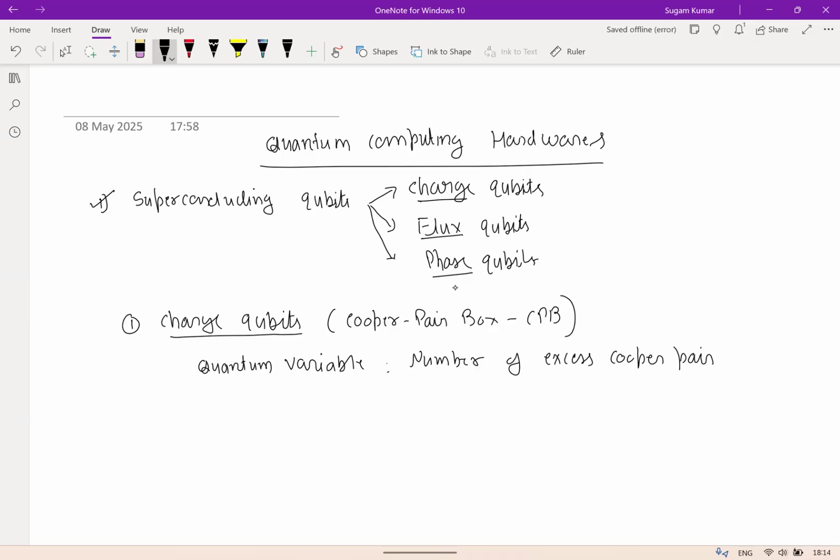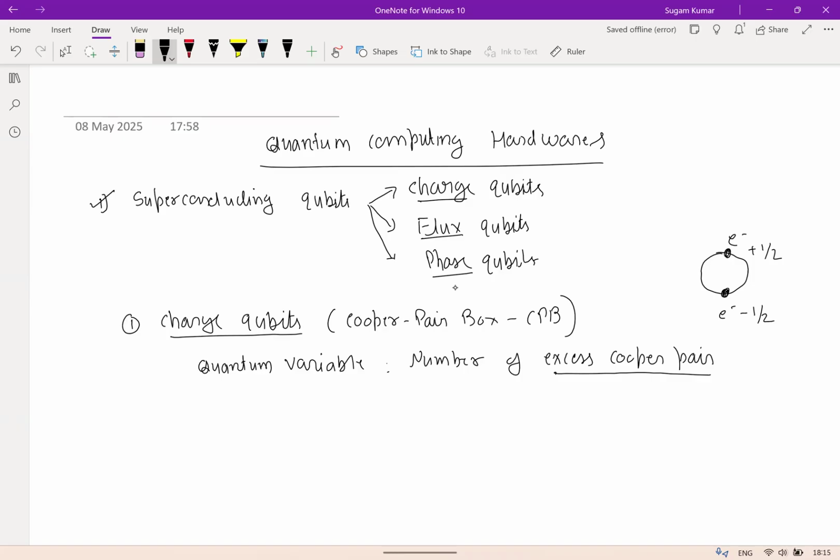You know, Cooper pairs are nothing but a bound state of two electrons with opposite spin. In the charge qubit, I will tell you what I mean by excess Cooper pairs. Normally you have a large number of Cooper pairs, and that is the normal situation. Then you add one more, and that is called excess.